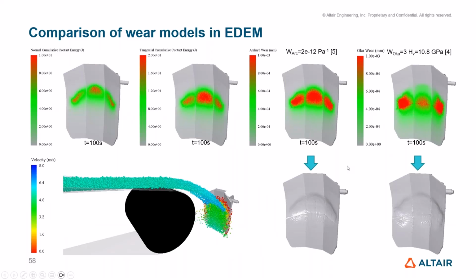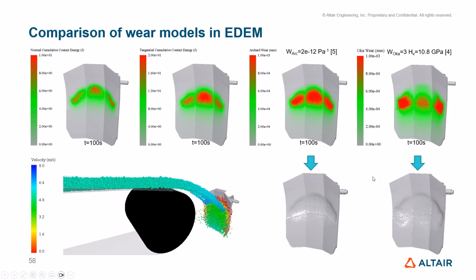So this is the wear model for comparison, though it is not relevant for this case, but this is generic information about wear models, where a relative wear model will give you the wear information, whereas the Archard and Oka wear will give you the amount of material removal.